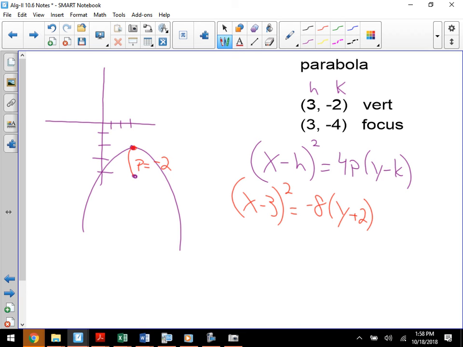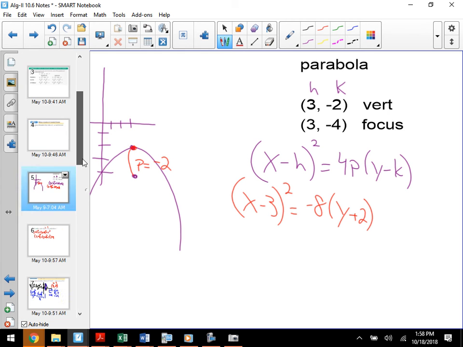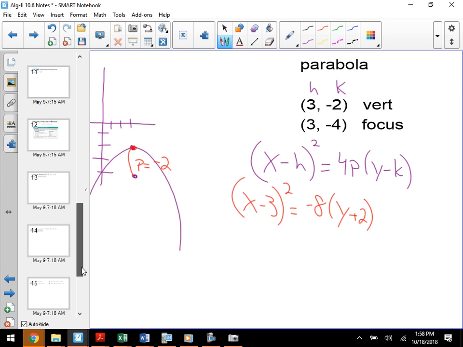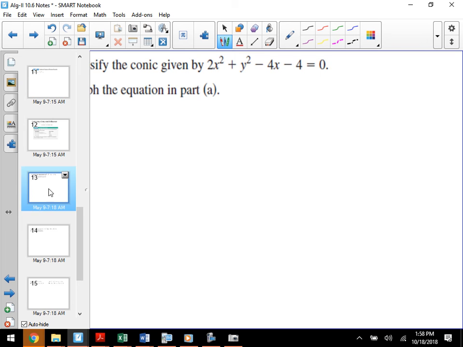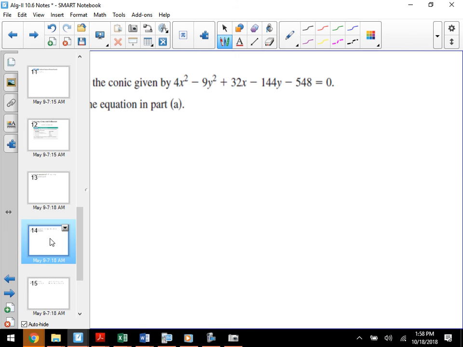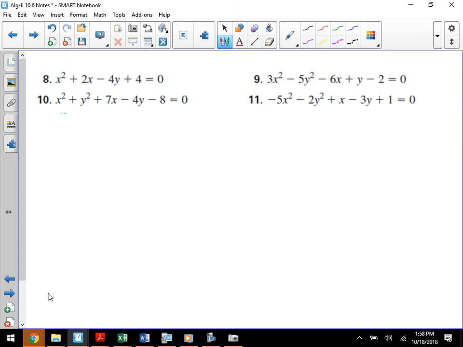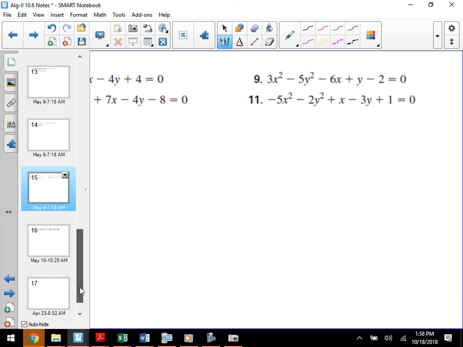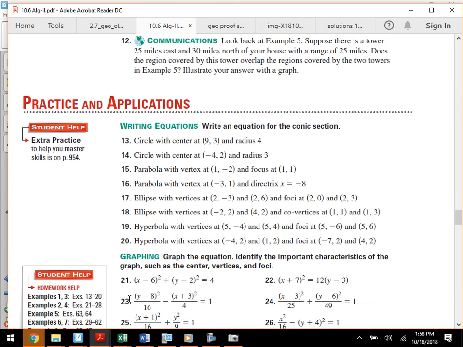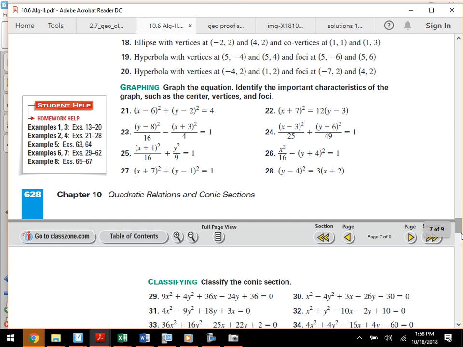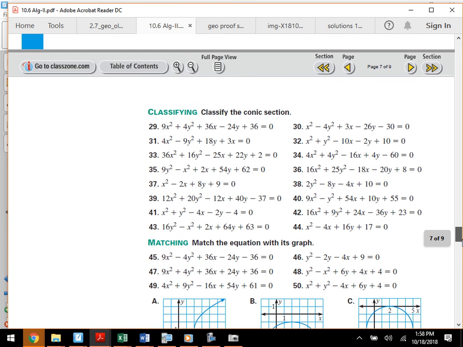Do you remember this thing called completing the square? Hey, guess what? You're gonna use it. So let me show you this real quick. I had the wrong one open.